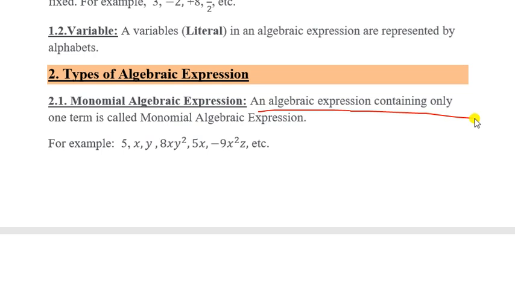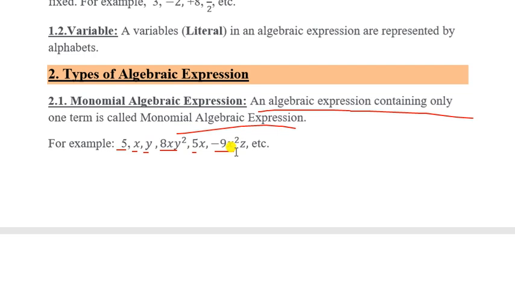Only one term is called a monomial algebraic expression. It's clear? Only one term it will contain. For example, you can see 5, simple 5, simple x, simple y, simple a, simple b, simple 8xy square, 5x, minus 9x square z. Only a single term you will get in the algebraic expression. Clear? It's a monomial algebraic expression.